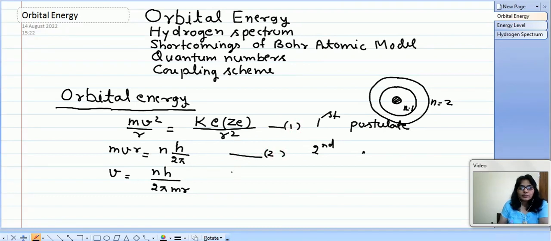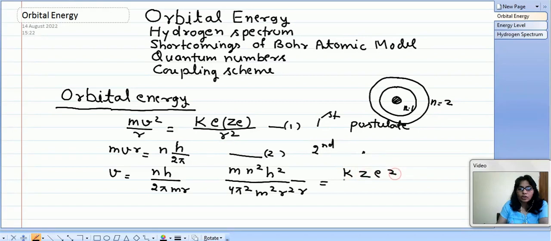Then we get m into v square, which means n square h square divided by 4 pi square m square r square, and there is also an r here, so let us write one more r, and this is equal to k Z e square upon r square. Here k is the constant 1 upon 4 pi epsilon naught, e is the charge of the electron and Z is the atomic number of the nucleus.